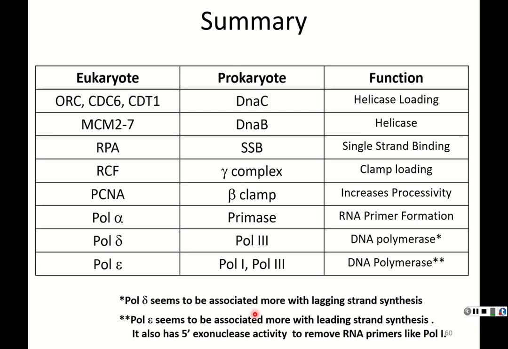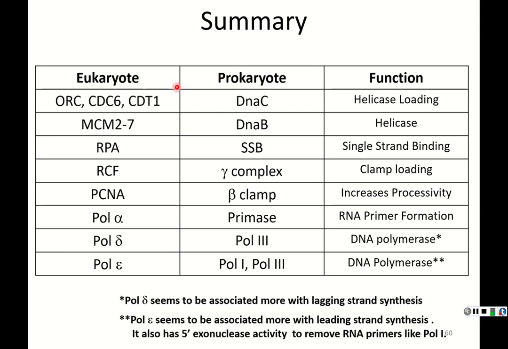And a summary table here shows you the prokaryotic proteins and compares them to what the similar proteins are in the eukaryotic system. Okay, so for this class, knowing prokaryotic replication is important, in being able to explain that in some detail.